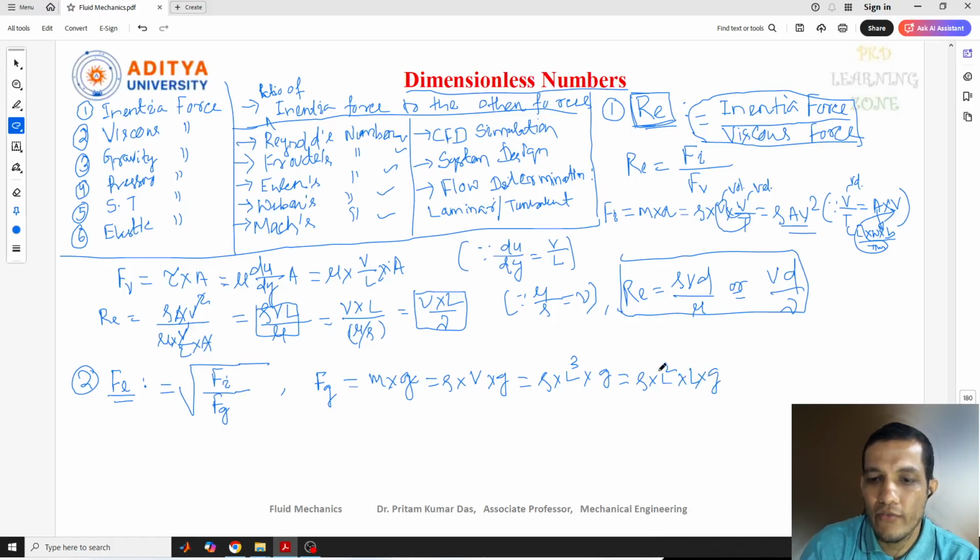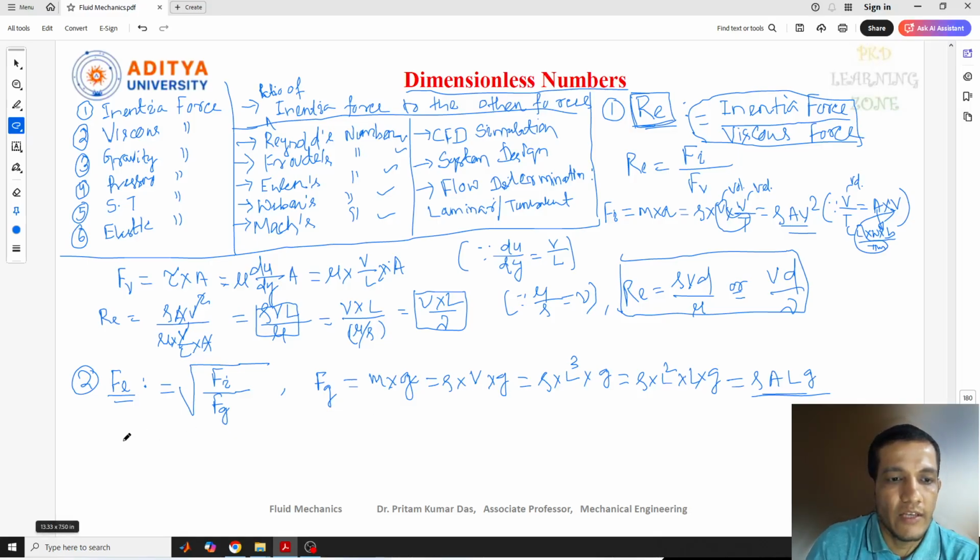I wrote L square because it can be written in terms of area, length into breadth. So this is rho into A, area, into length into g. This is the gravity force.